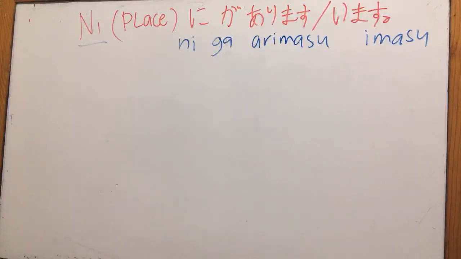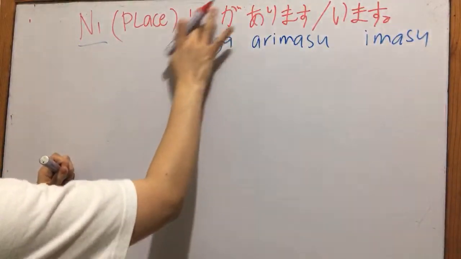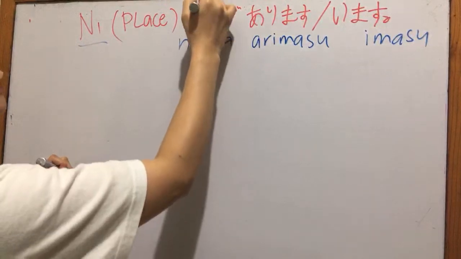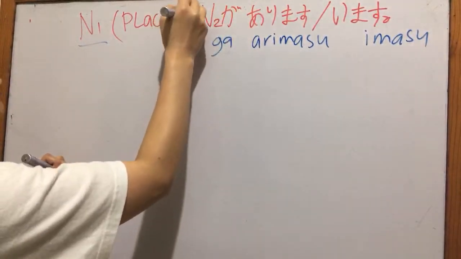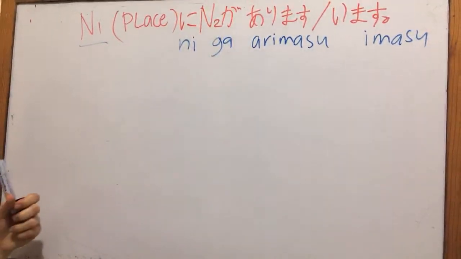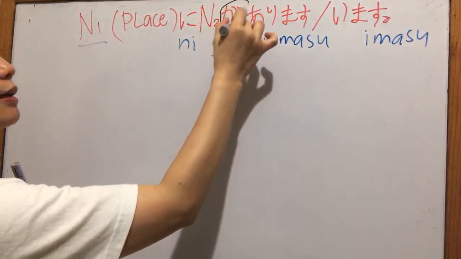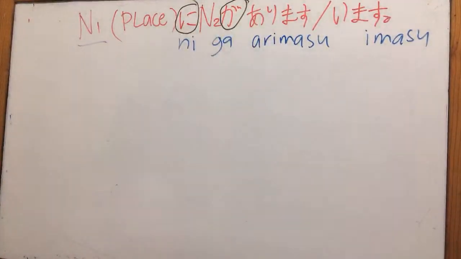And, of course, I need another noun in here. Okay. So, the particles that we have are this ga and this ni. So, we have two nouns in there.